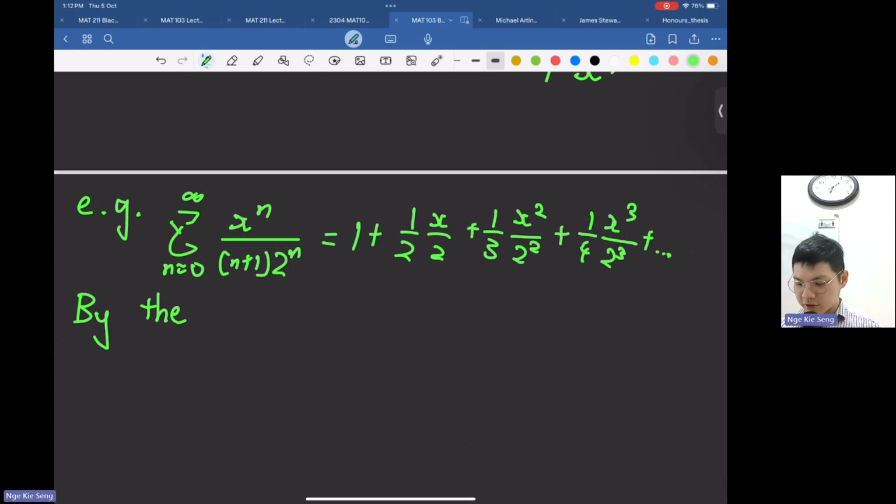The first thing I like to use is the ratio test. Most things can be solved by the ratio test sometimes. So let's check using the ratio test.